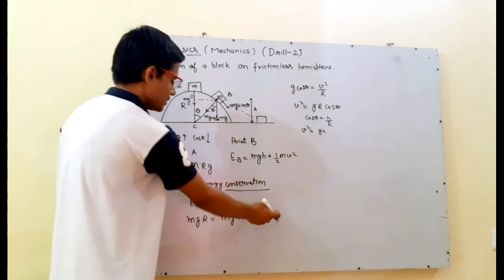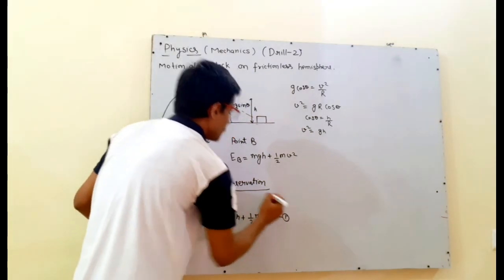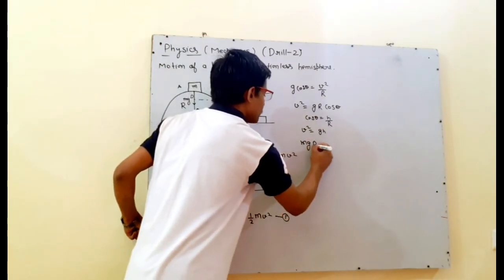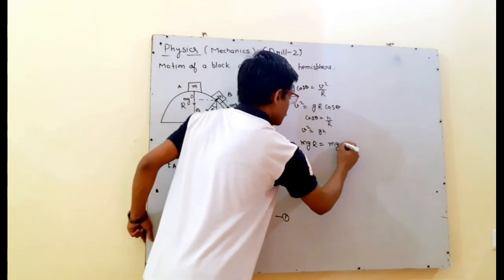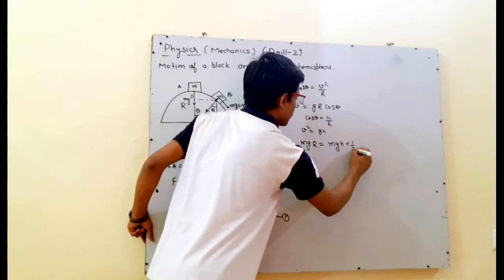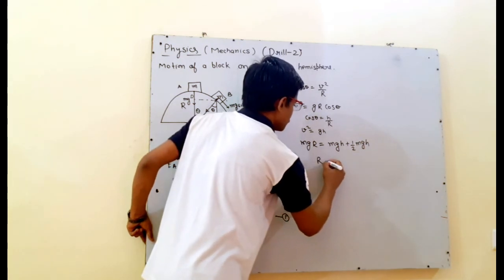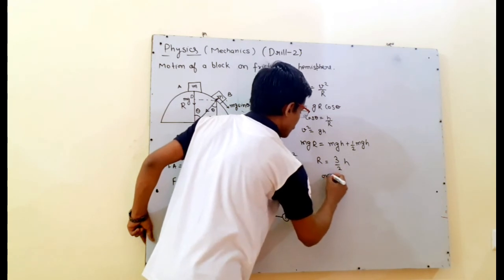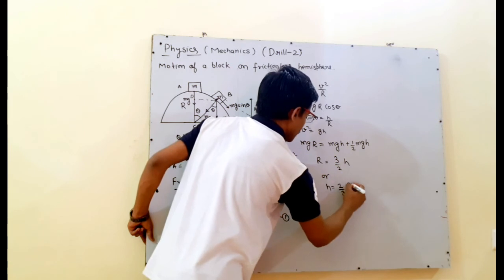Now put gh in equation number 1. So what will come out? mgr is equal to mgh plus half mgh, and r is equal to 3 by 2 h, or h equals 2 by 3 r.